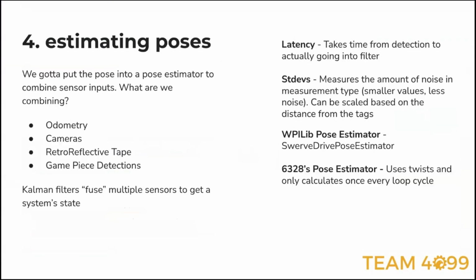Okay. Kalman filters are kind of a more confusing topic. From what I understand, it uses state space control to take in a bunch of different readings and composite them together into one overall detection.